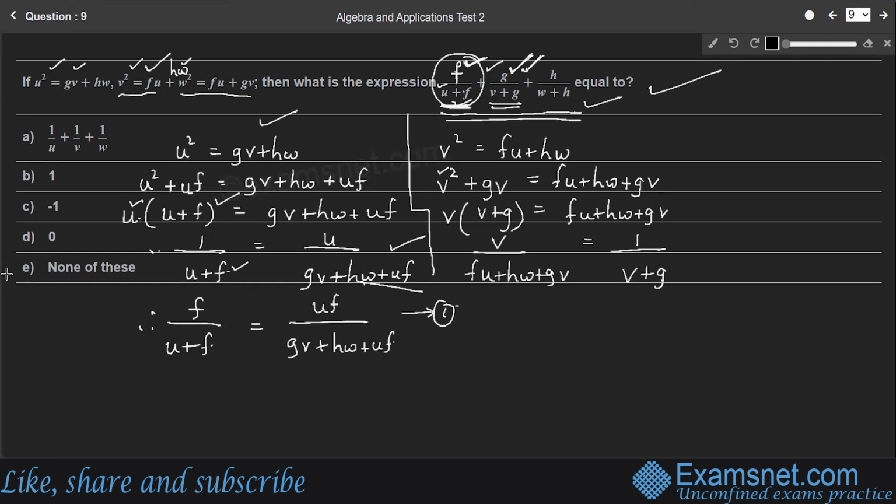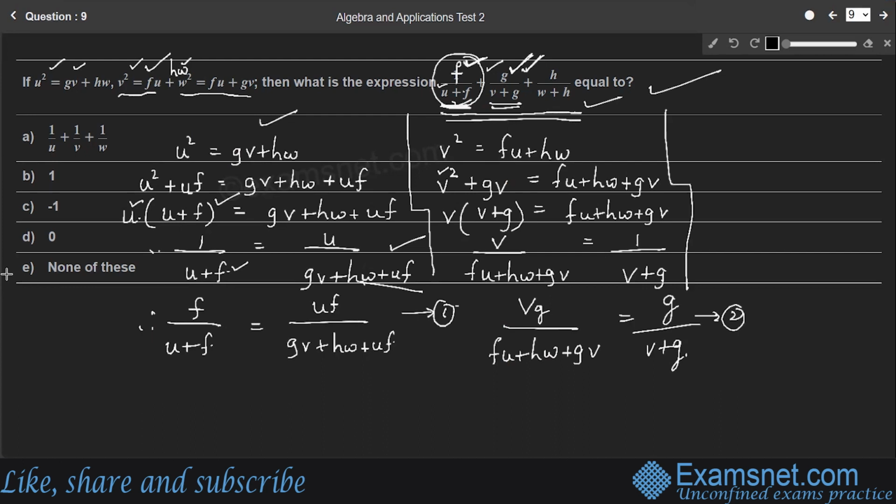Multiply both LHS and RHS by g. So LHS becomes v into g by fu plus hw plus gv is equal to g by v plus g. Consider this as equation 2.